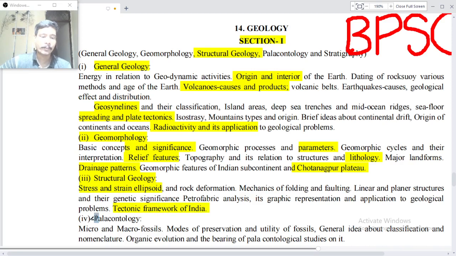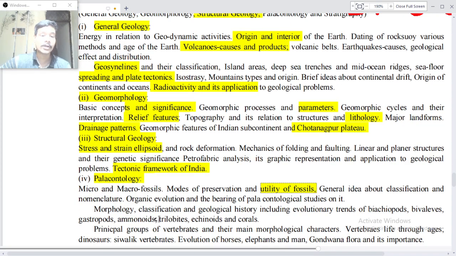Now paleontology. Micro and macro fossils, modes of preservation and utility of the fossils, general idea about classification and nomenclature, organic evolution and bearing of the paleontological studies on it.